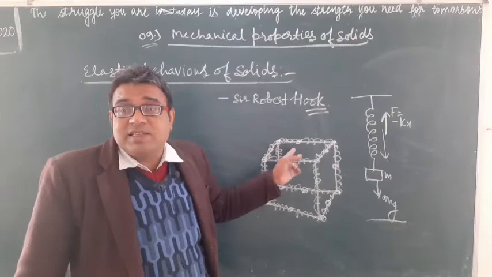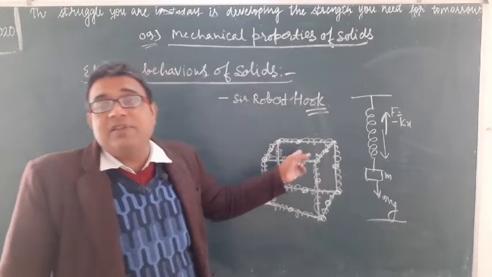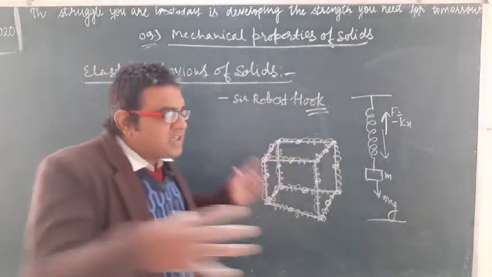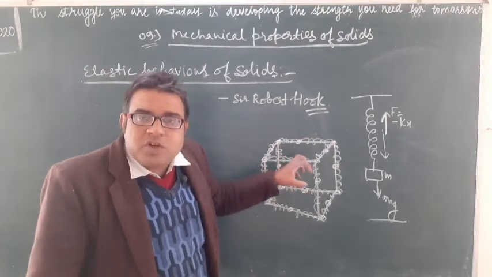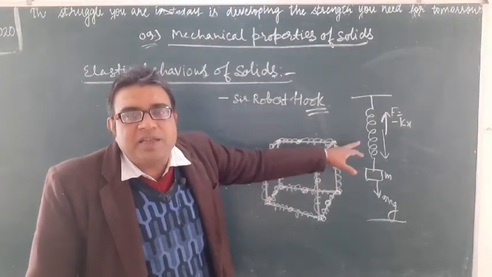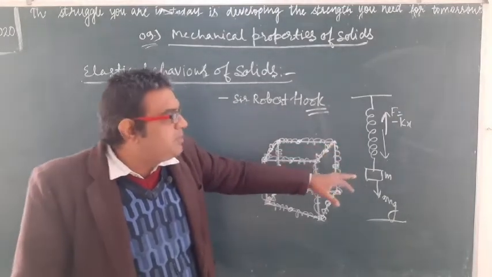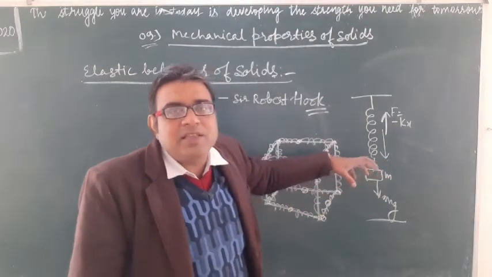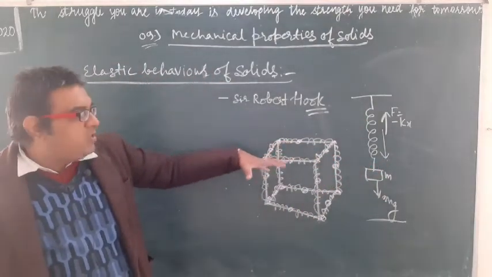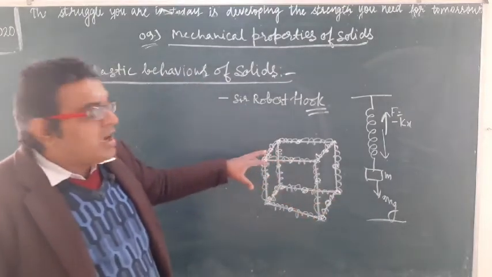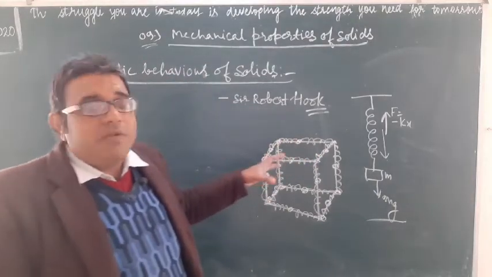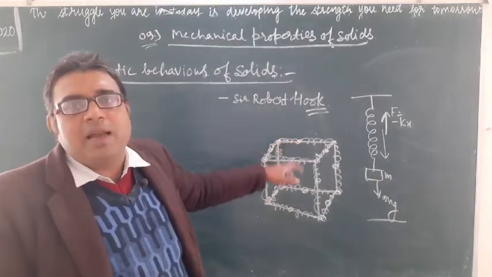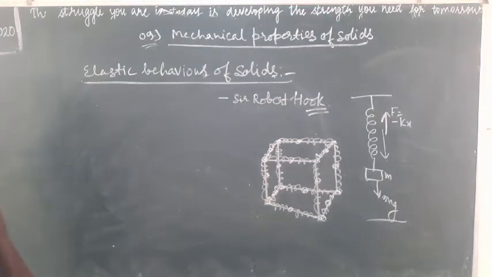Because he suggested that all the atoms are connected with each other by springs, if an external force is applied, the springs compress, and by the property of the spring, a restoring force is developed and the body comes back to its original shape. From here he concluded that each and every atom of this solid is connected with the help of springs. So he suggested a concept on the basis of energy.